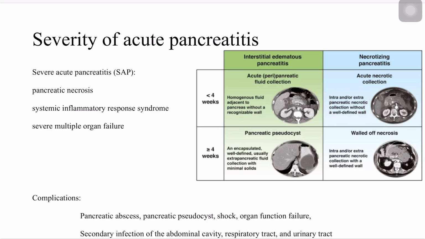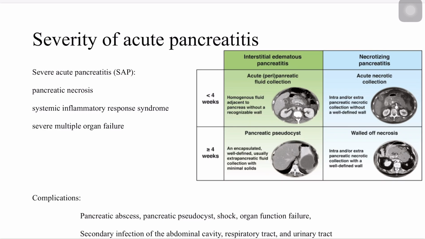We can see inflammation and necrosis in several parts of the pancreas, but after 4 weeks it is walled-off necrosis, usually intra and extrapancreatic necrosis collection with a well-defined wall. It's walled.